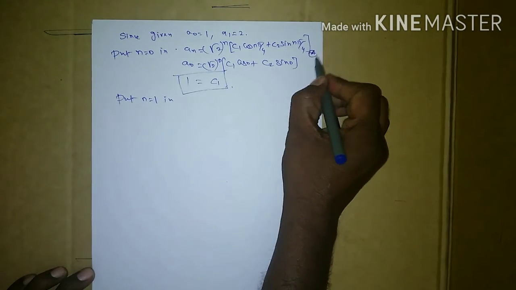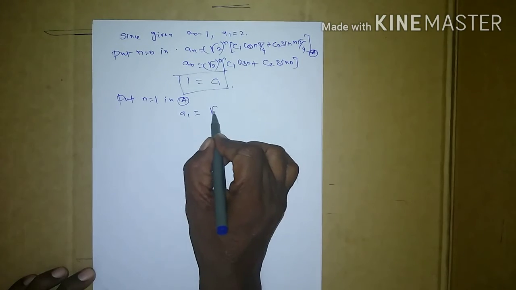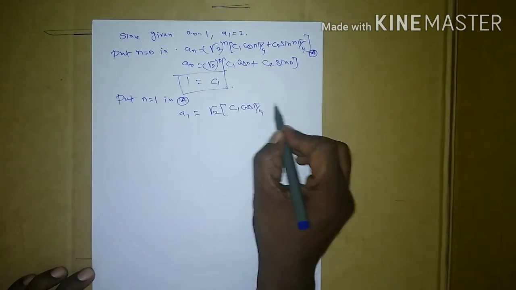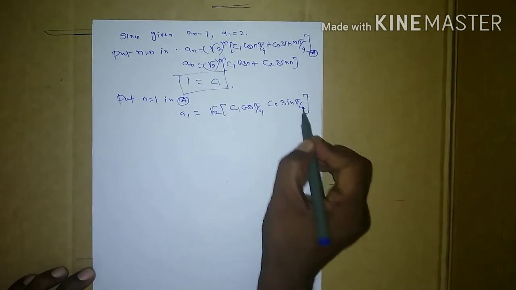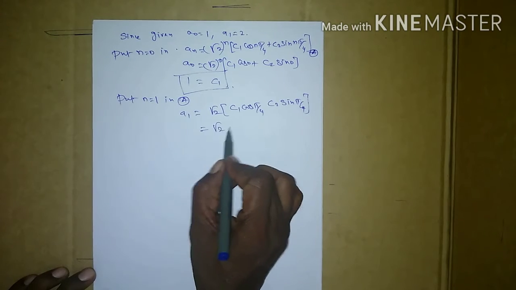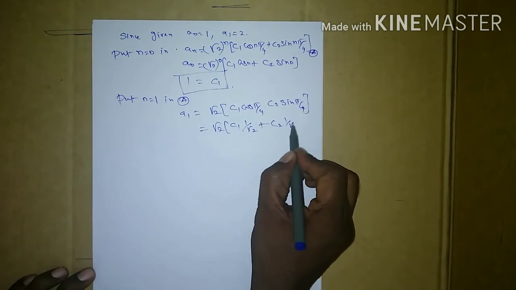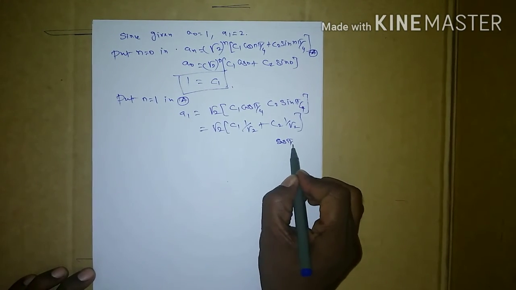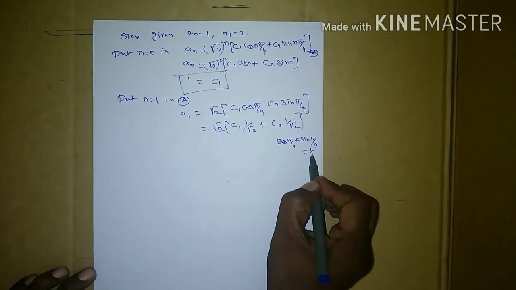Put n equal to 1 in the solution A n, we get A1 is equal to root 2 into c1 cos pi by 4 plus c2 sin pi by 4, which is equal to root 2 into c1 1 by root 2, c2 1 by root 2. We have cos pi by 4 equal to sin pi by 4 is equal to 1 by root 2.